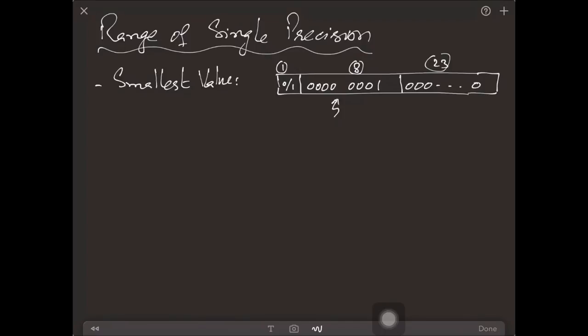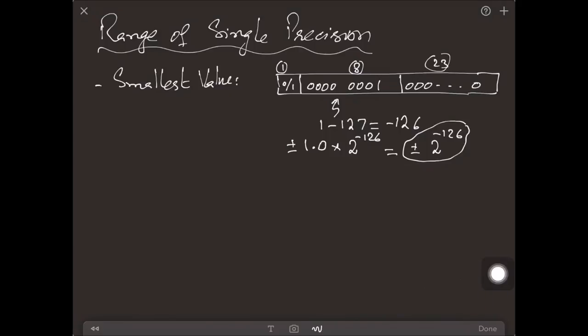So the actual exponent is 1 minus 127, that is minus 126. So the range is plus minus 1.0 multiplied by 2 raised to power minus 126, which can be written as plus minus 2 raised to power minus 126. So this is quite a small value that we can manage in single precision.